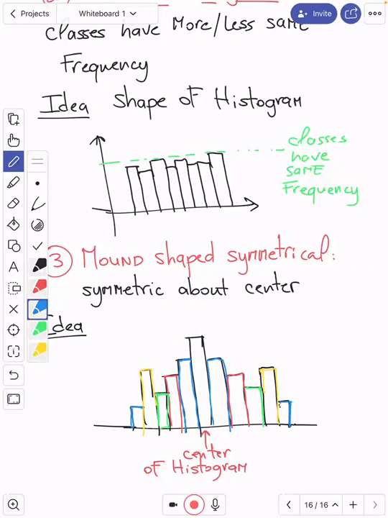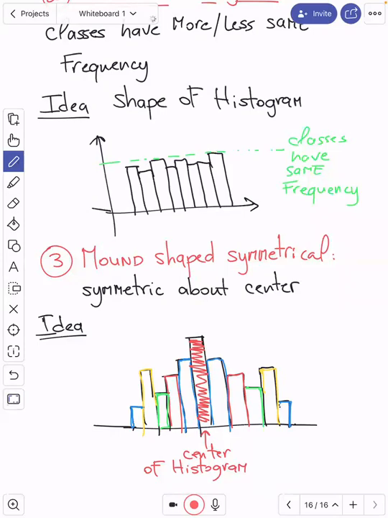So the idea is that your histogram would be symmetric about the middle class or the center. That's for the mound shape symmetrical.